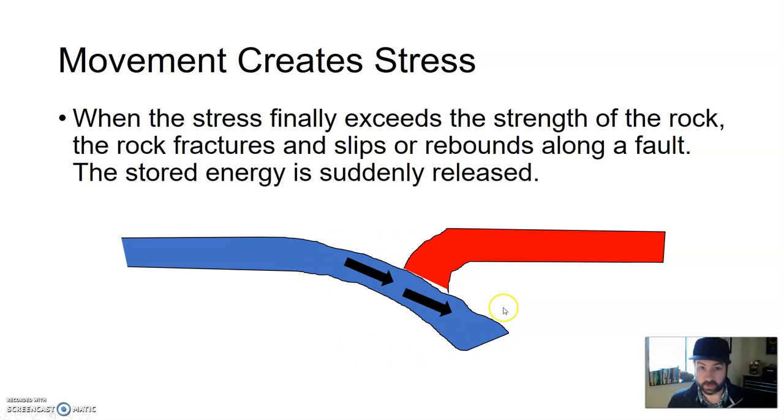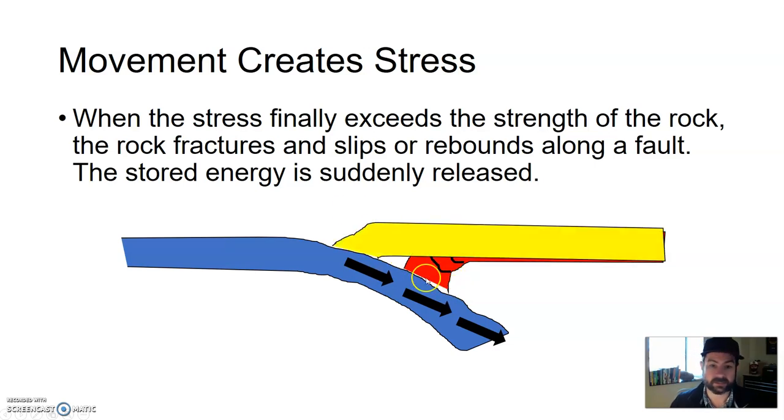When the stress finally exceeds the strength of the rock itself, the rock can fracture and slip along those fractures, which creates an earthquake because you're releasing tension, pressure and energy. Or the plate itself might not crack, it might just snap back, like this ruler. It might just rebound, and that stored energy is also suddenly released.